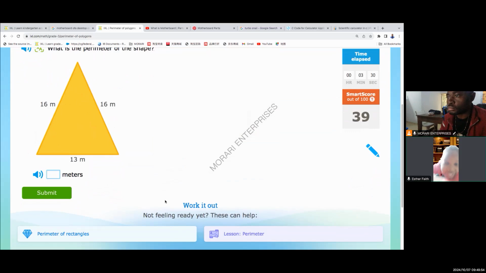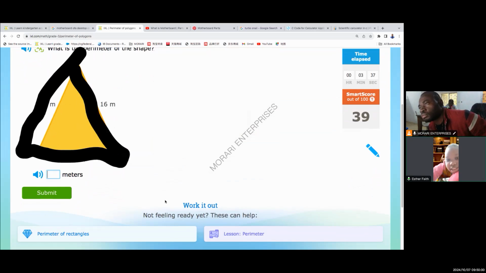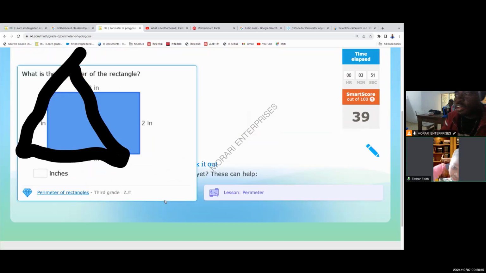What is the perimeter of this shape? 16 plus 13 plus 16 plus 4 equals 45 meters.